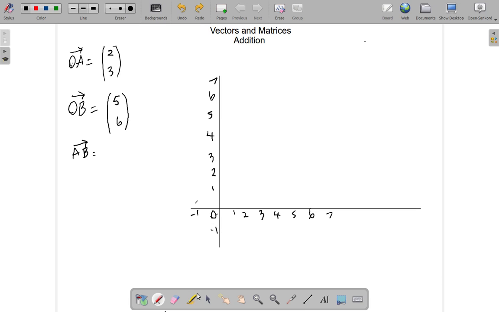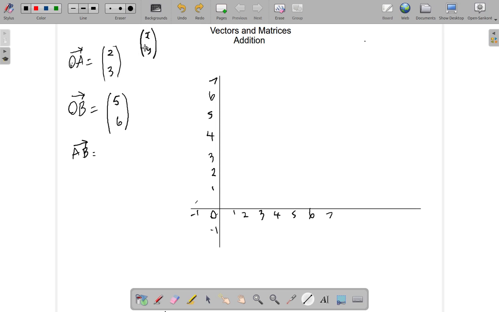Now let's represent OA. A is at (2, 3). Remember, when you represent a vector using a column matrix, it is in the form X up here and Y down here. The 2 tells me how far across the horizontal x-axis I should go.